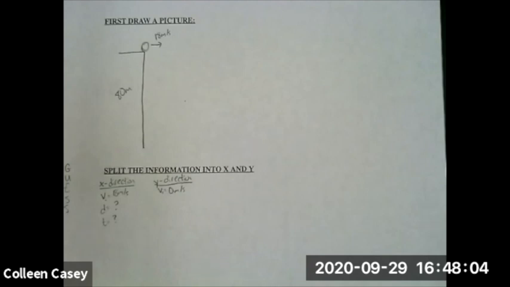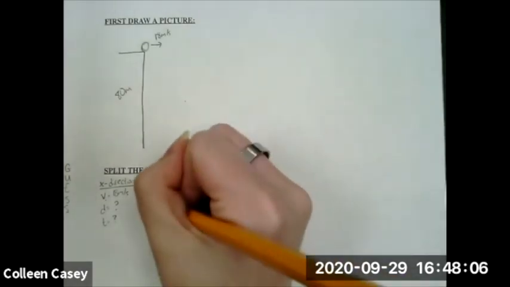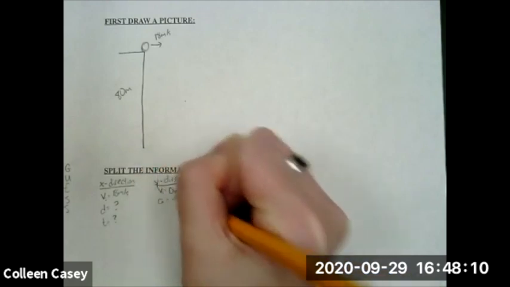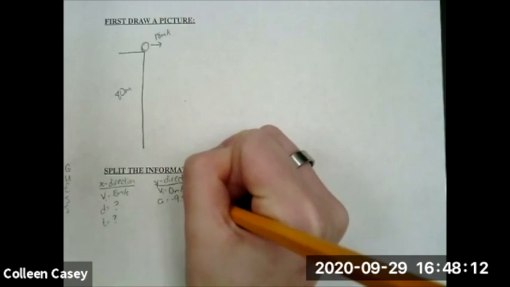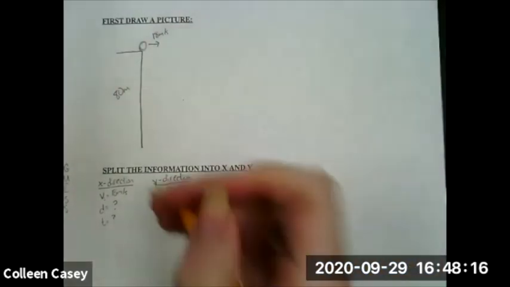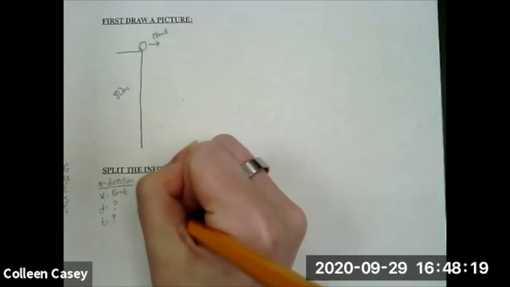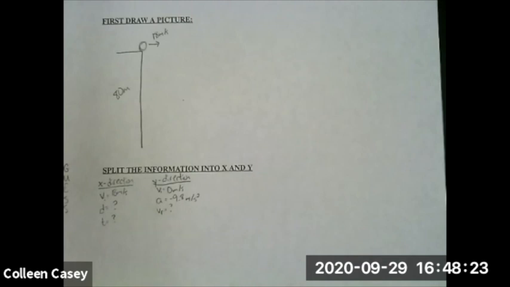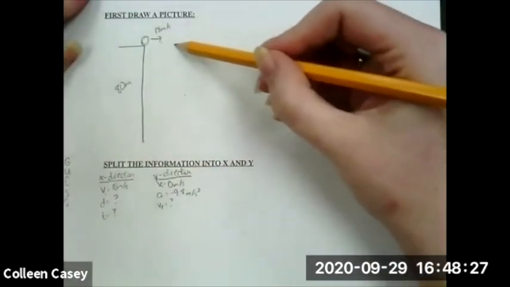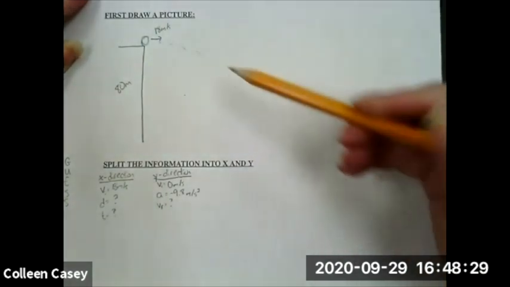Since we're in free fall and we've got gravity, I know that the acceleration due to gravity is negative 9.8 meters per second squared. There are still a couple things that I don't know. I don't know his final velocity. I do know the distance, whether he goes in an arcing path or if he falls straight down.